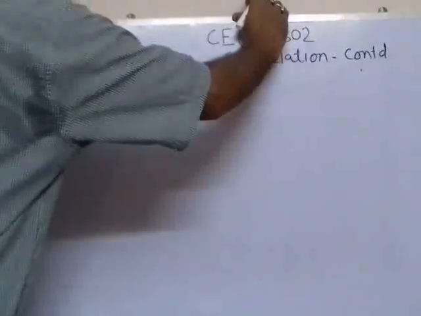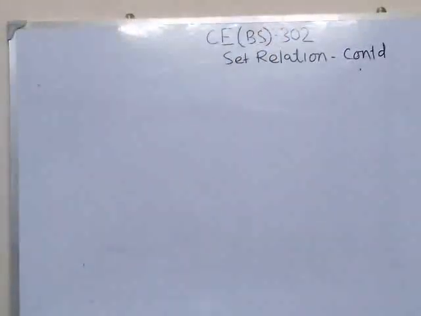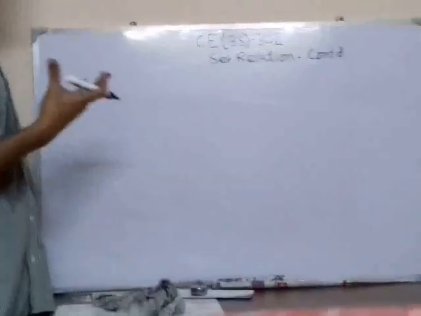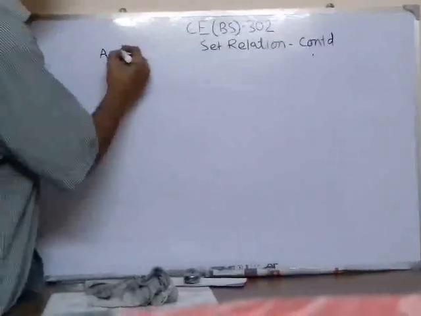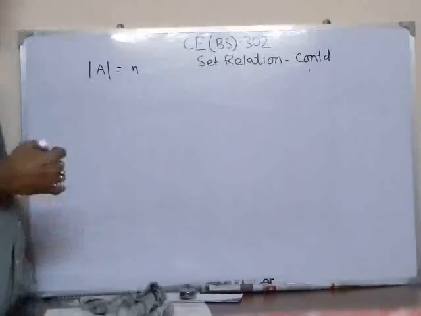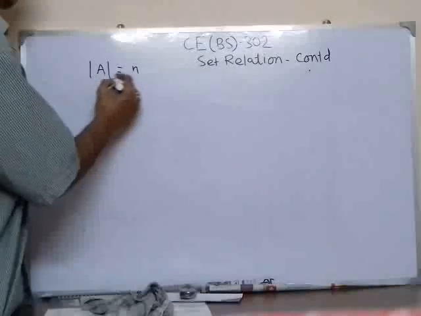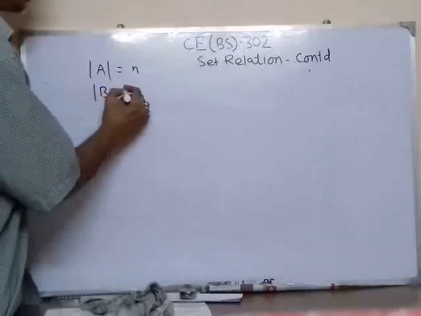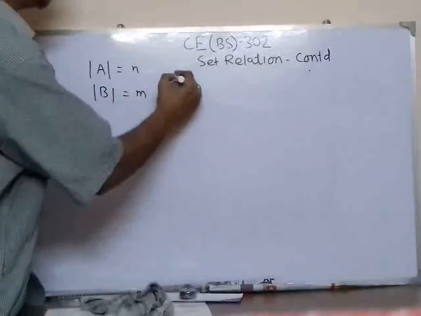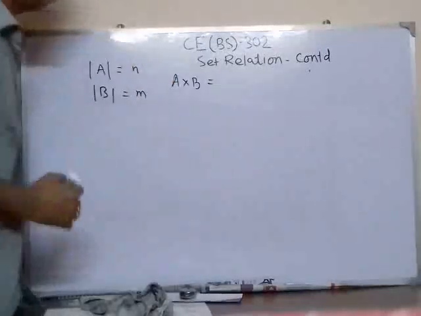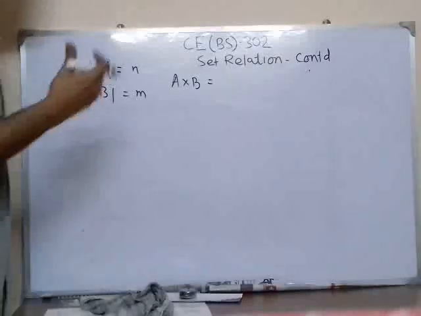In the introductory lecture, if you have gone through it, where I introduced the concept of relation, I told that if A is a set having n elements, denoted by mod A, the measure of A, and B is a set containing m elements, then the Cartesian product A cross B will have m into n ordered pairs.